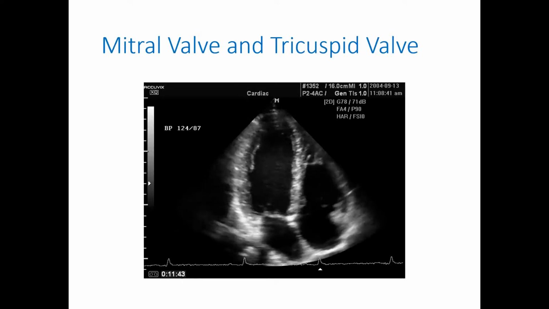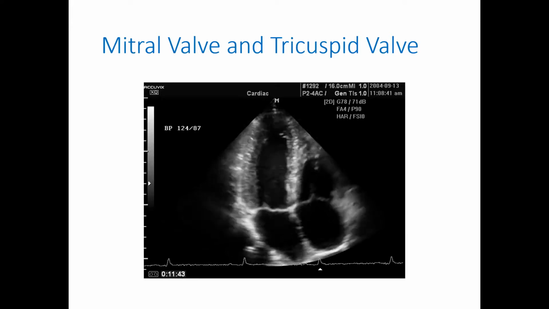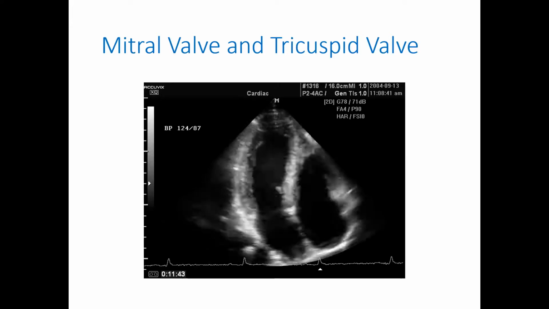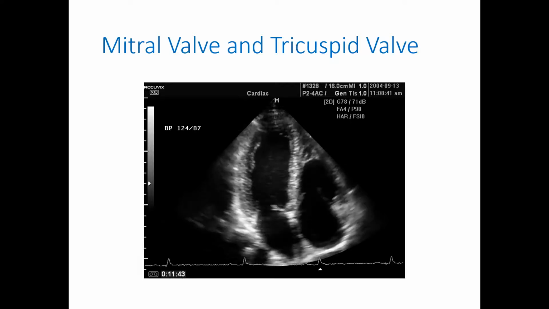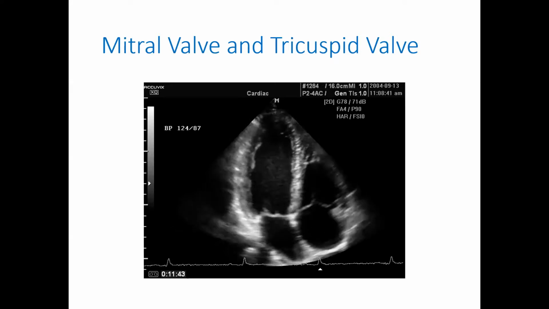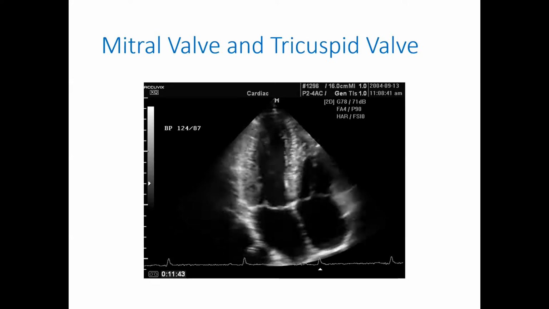You'll notice that the valves open and shut together. They have to be synchronized. They have to be sending the same amount of blood to both sides of the body, to the lungs and to the body, so both receive equal amounts of blood.